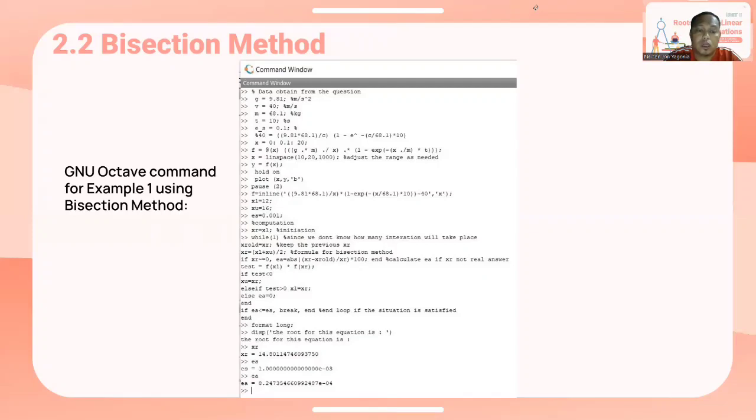As you can see, at the bottom portion of the command window, we get x sub r, or xr, equal to 14.8011, which is also the same as our example, and a stopping es, or epsilon sub s, equal to 0.001%, and ea equal to 0.0008%.